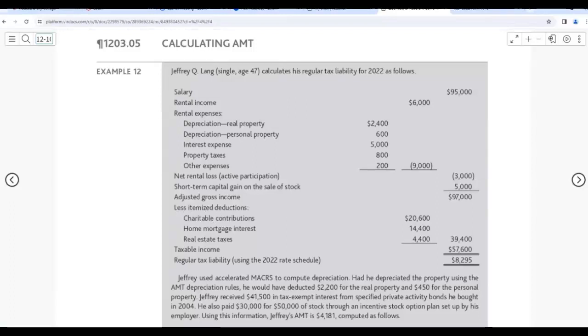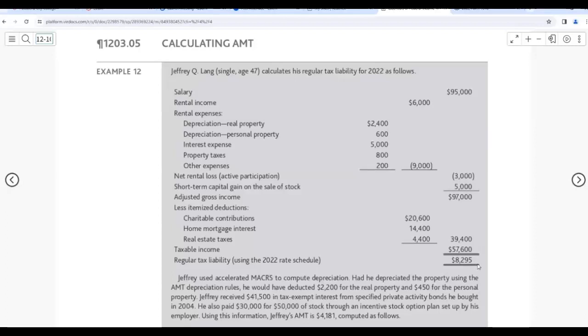So let's say itemized deduction is charitable contribution, home mortgage, real estate tax. Total Schedule A is 39,400, minus 97,000 AGI gives us taxable income of $57,600.